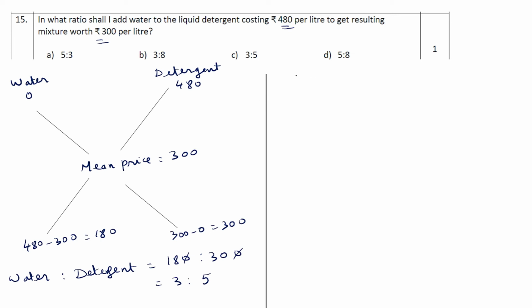So the correct option is option C. So the ratio of water to detergent is 3 is to 5. Only then the resulting mixture will be worth rupees 300 per liter.